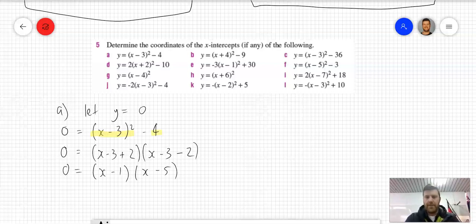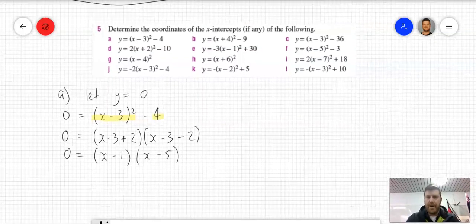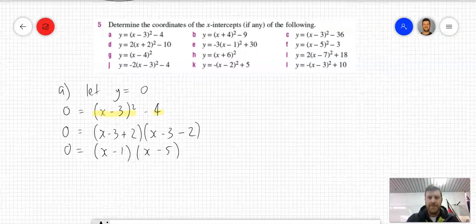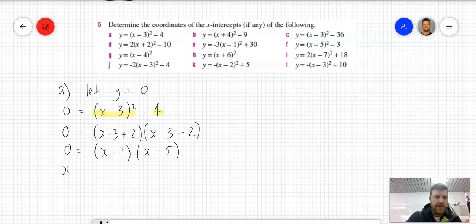From here, I can work out my x-intercepts using the null factor law. Because if x take 1 equals 0, or x take 5 equals 0, then x is equal to 1, or x is equal to 5.